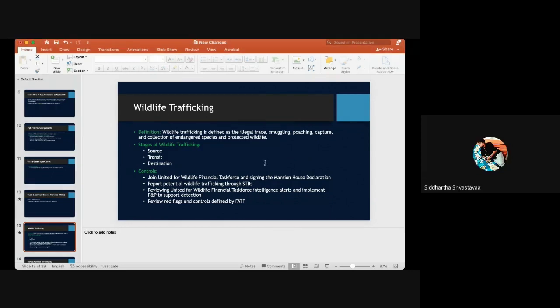Okay, sure. We all know that wildlife crime, FATF has also issued a paper on this. Now they have also added wildlife crime within this. Let me just mute one of the participants.